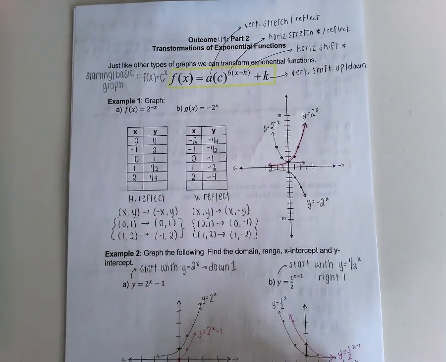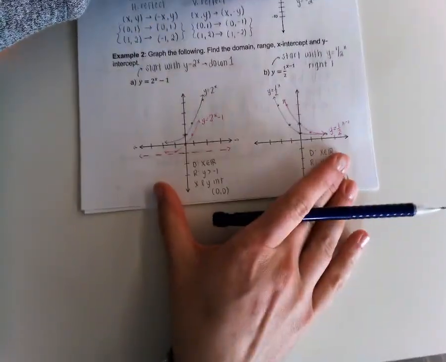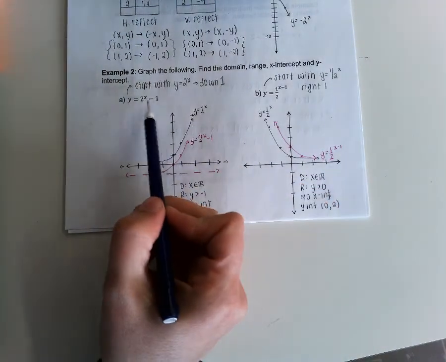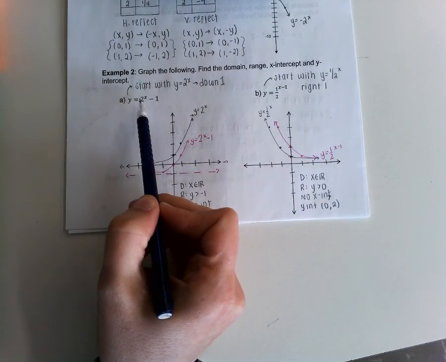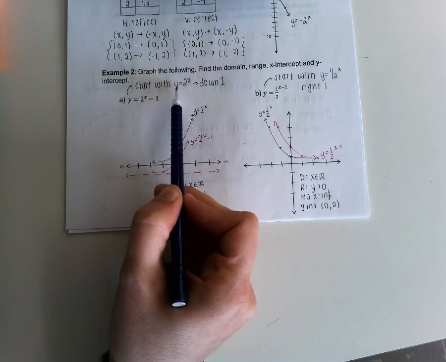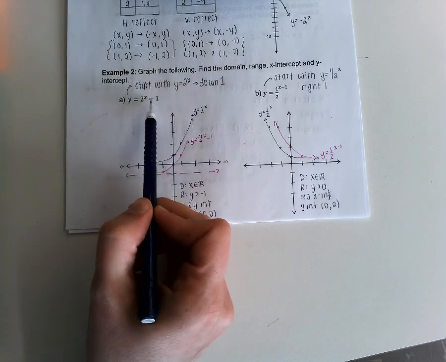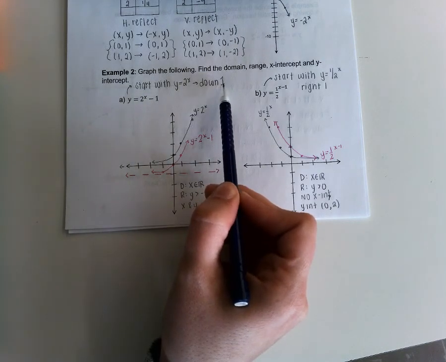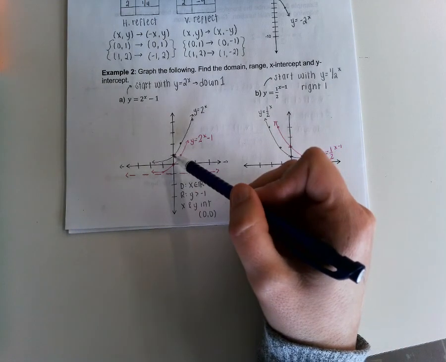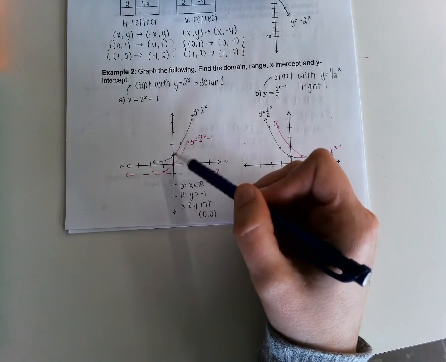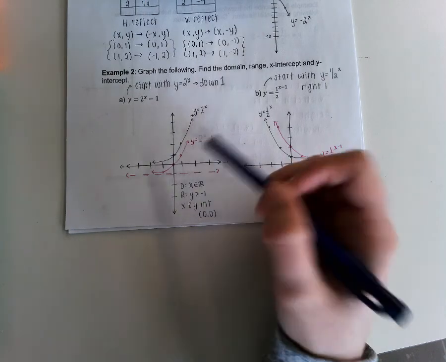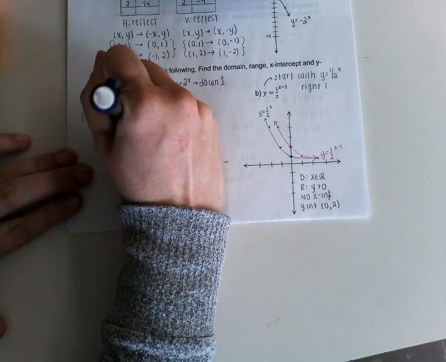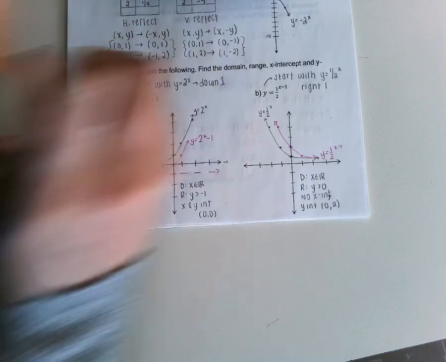Okay, if we go down to the next example, again, for the base graph, you have to look at what your base is. Here we have a base of 2. So we're starting with y equals 2 to the power of x, but then we have minus 1. That's a k value, meaning I'm moving down by 1. So I've taken the point 0, 1 and moved it down 1, the point 1, 2 and moved it down 1. Again, this is the point x, y becoming x, y minus 1.